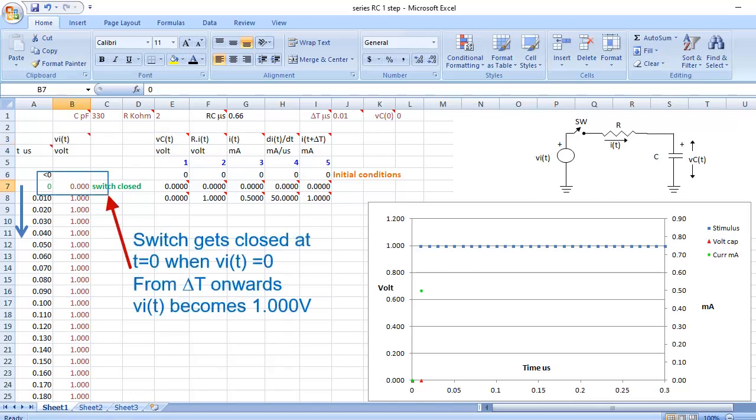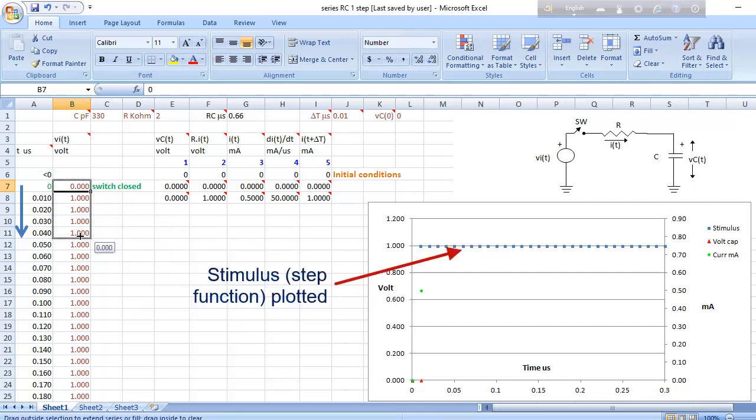The switch gets closed at t equals 0, when the stimulus is 0. Beyond this, the stimulus assumes a value equal to the amplitude of the step function, which is arbitrarily selected to be 1 volt. The rise time of the step is therefore delta t, unlike an ideal step where it is 0. The stimulus is plotted as shown.